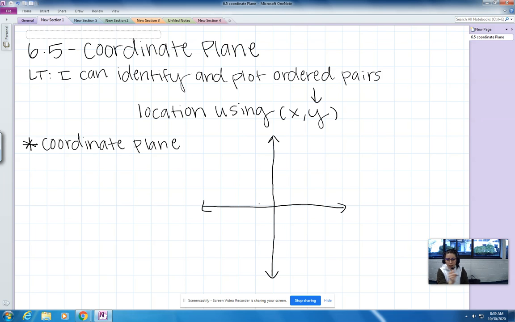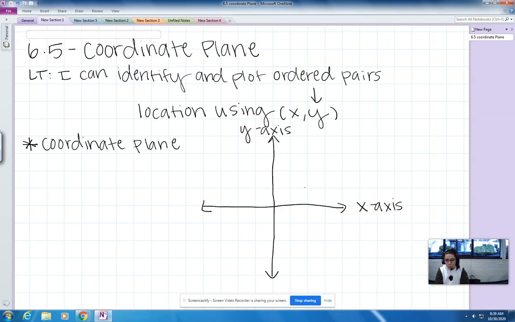Our horizontal axis, the axis that goes side to side, is called the x-axis. I always think of it as x goes across. And then our vertical axis, the one that goes up and down, is called the y-axis. I always remember this one by saying y to the sky. So x goes across, y goes to the sky.